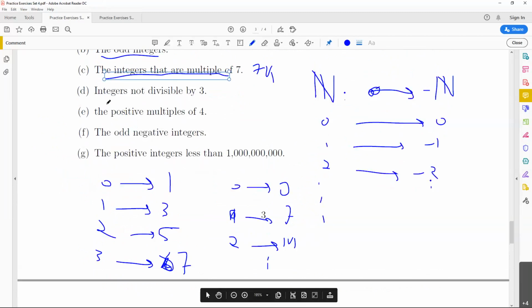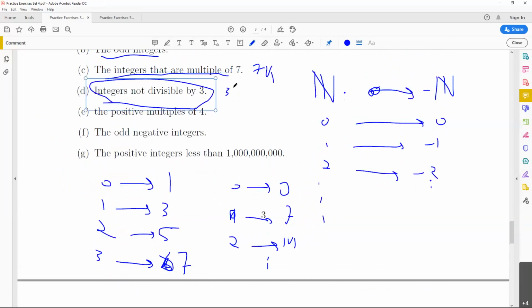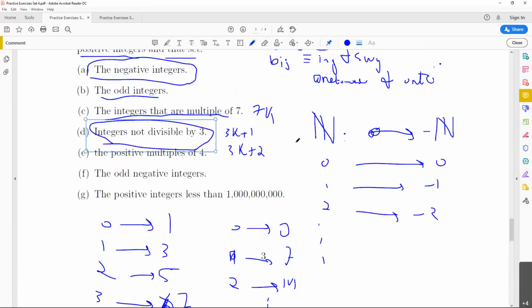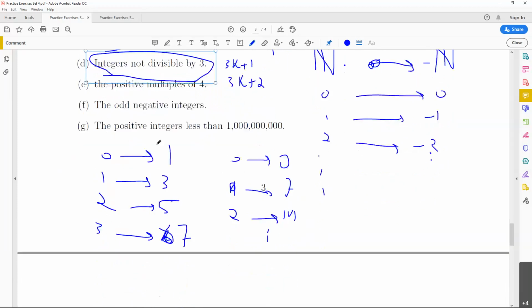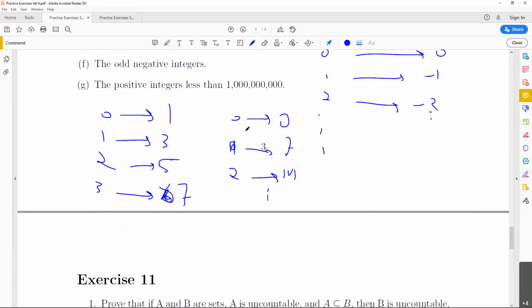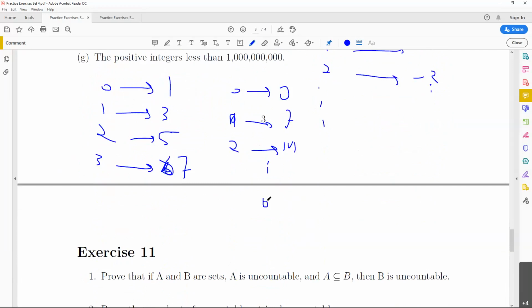Integers that are not divisible by 3. So 3k plus 1, 3k plus 2. It's like you're skipping the multiples of 3. And I don't think that's hard to do, right? Let's say 0, 1, 2, 3, 4, 5, 6. Keep going.